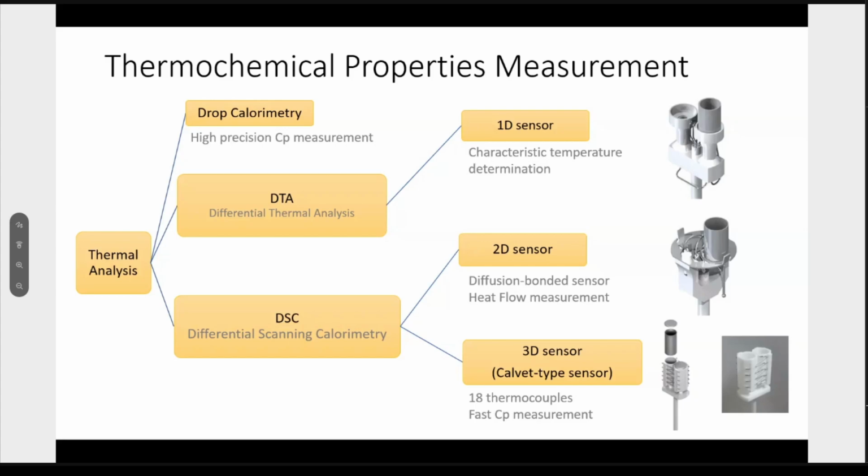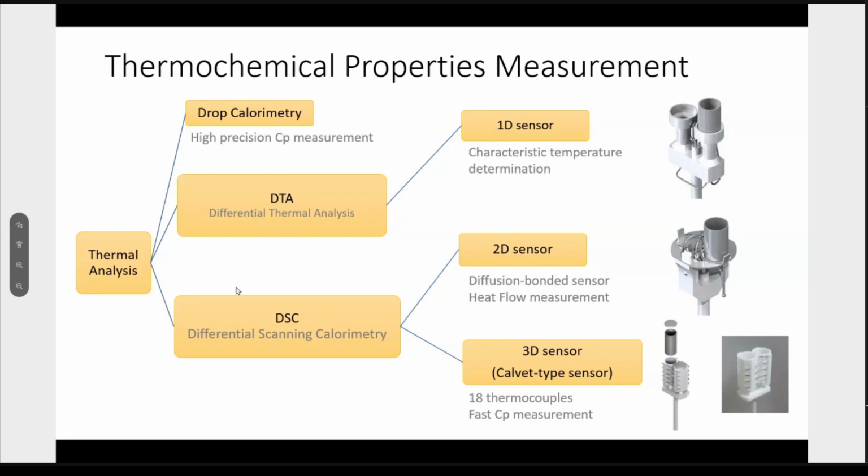One is the 2D sensor, which is the classical DSC sensor, diffusion bonded, for heat flow measurement. So when we measure the heat of fusion, we normally use this type of sensor. The next one is the 3D sensor, a calibrated type sensor, which consists of 18 thermocouples and which can permit fast Cp measurement.